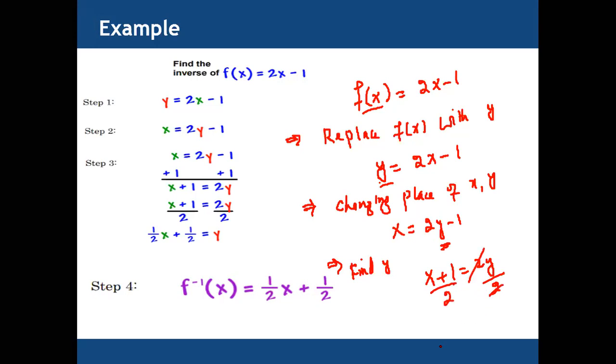We have y equal to (x plus 1) divided by 2. And we call this the inverse function, f inverse of x. Only 3 steps. First one, replace f of x with y. Then interchange x with y. Third one, find the value of y.